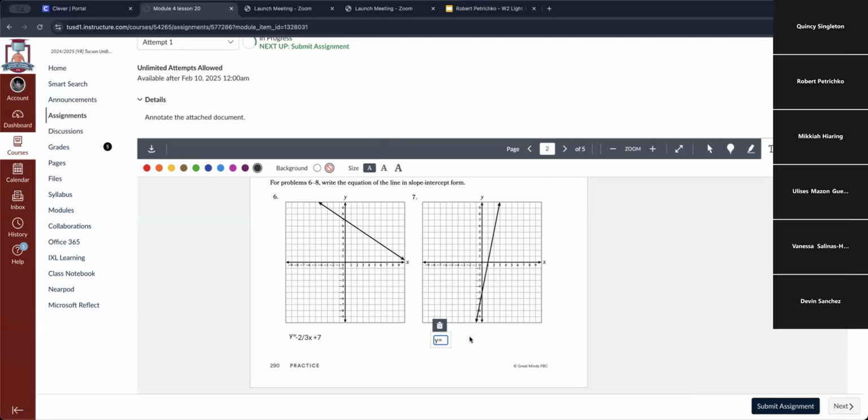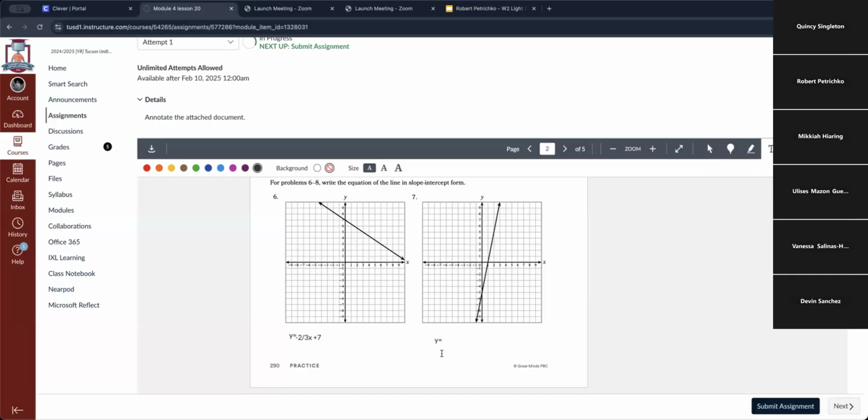So y equals 4x. Yeah, y equals 4, the number 4. It's mx plus b. I sent that.